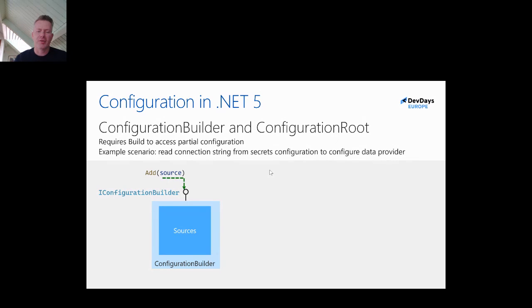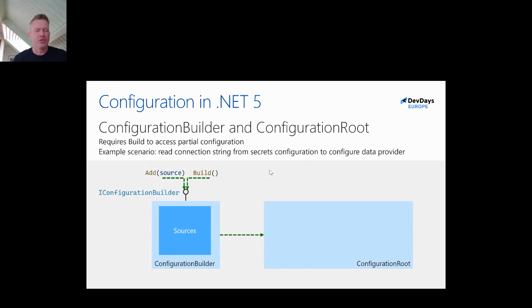You would call the add for adding all of your configuration sources to the configuration builder, and you would keep calling those, add Application Insights, add Key Vault, and all the things that you would do. And then if you needed it in between, you needed to call build.